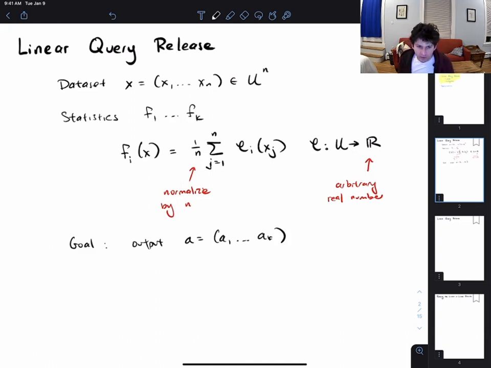I'm going to change the game just a little bit, and I'm going to ask for these vectors to be close as in L2.